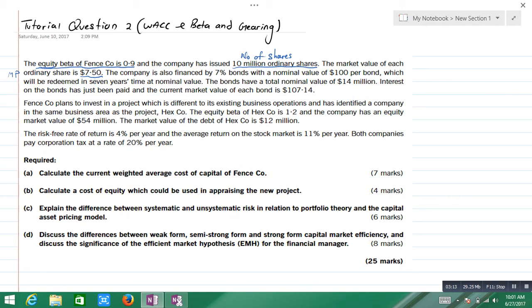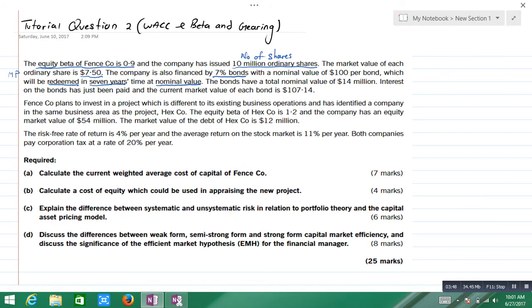The company is also financed by 7% bonds with a nominal value, which is your par value, of 100 per bond. As you know guys, the par value for bonds and loan stock, debt, is always 100, which will be redeemed. So it's redeemable in 7 years' time. So our calculation is going to be 7 years, and it's going to be redeemed at par value of 100.